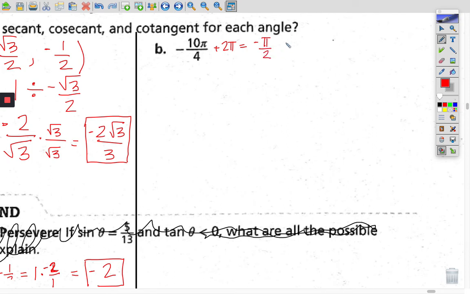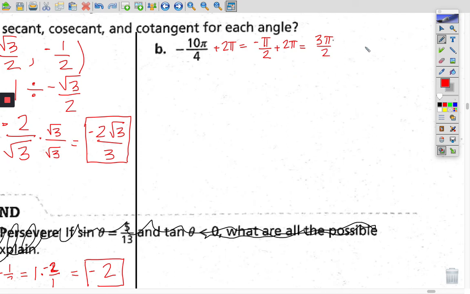That's still not on our graph, so what do we need to do again? Can we add another 2 pi? Yes. So negative 1/2 plus 2. All right. 3 over 2, so 3 pi over 2.